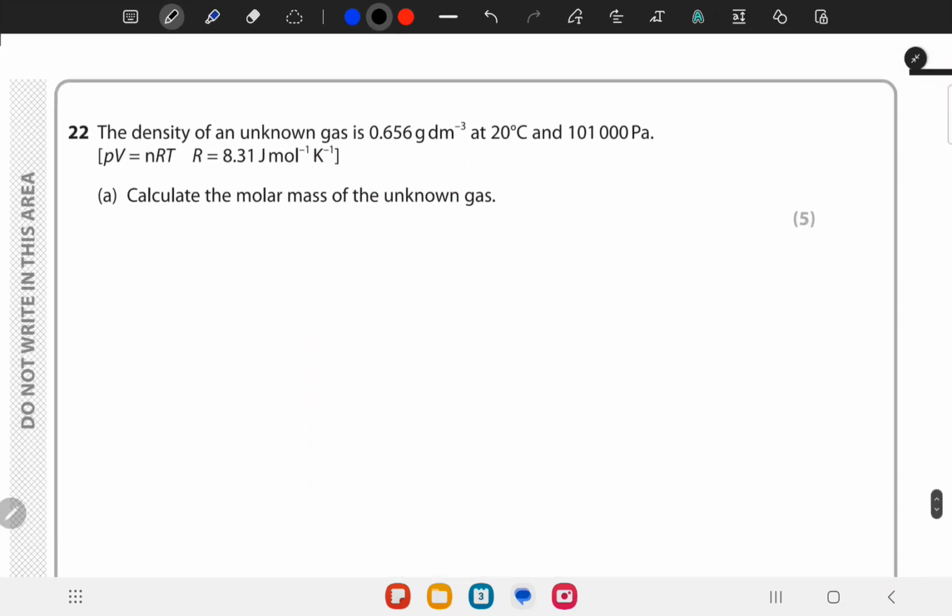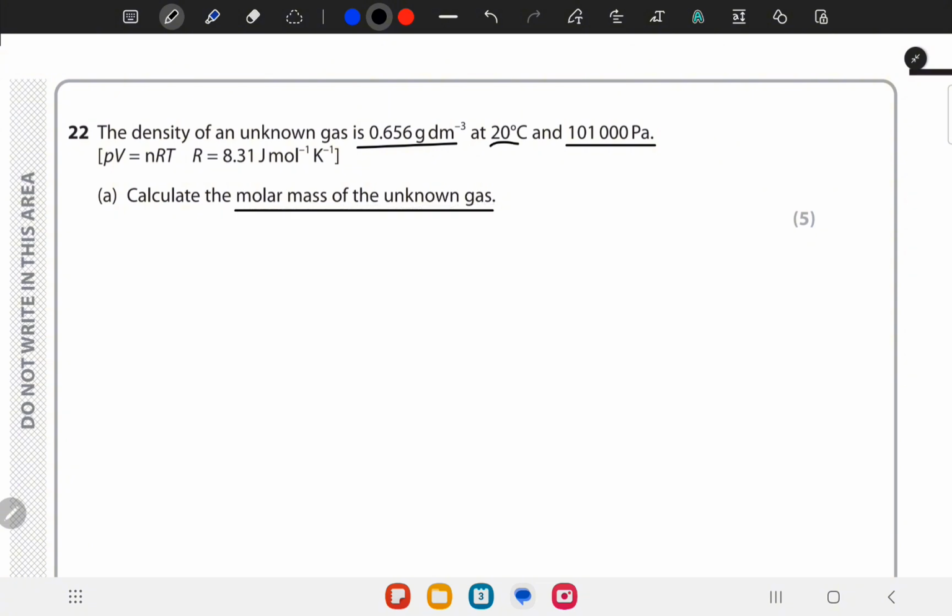Now in question 22, we are given that the density of an unknown gas is 0.656 at 20 degrees Celsius and 101,000 pascals. We have to find the molar mass of the unknown gas.